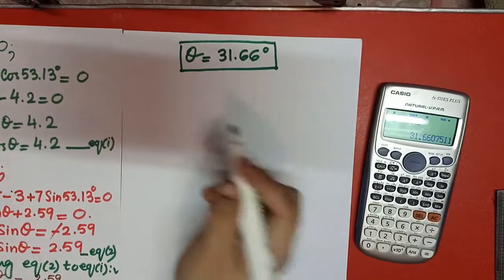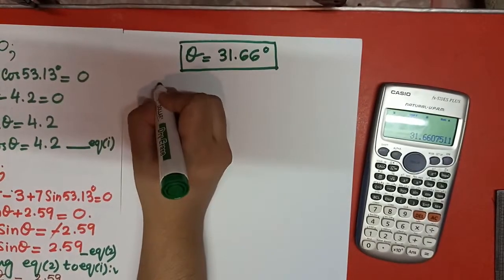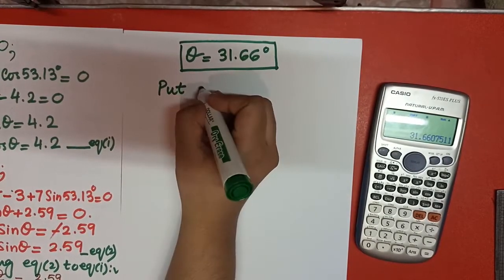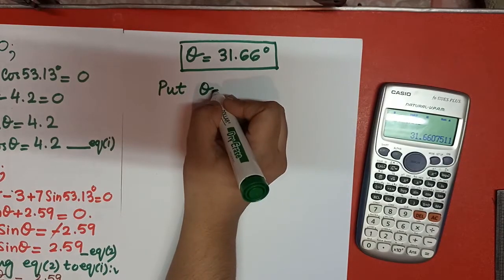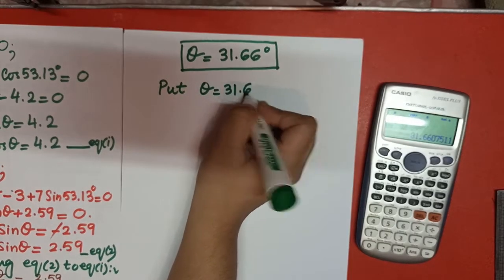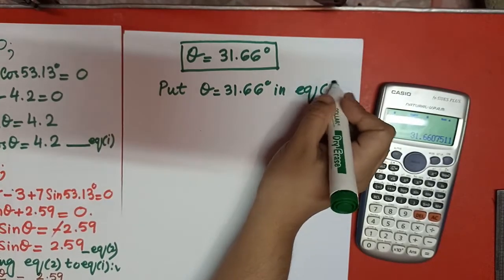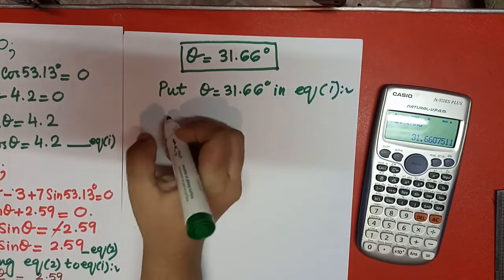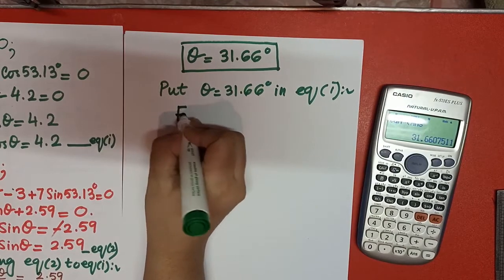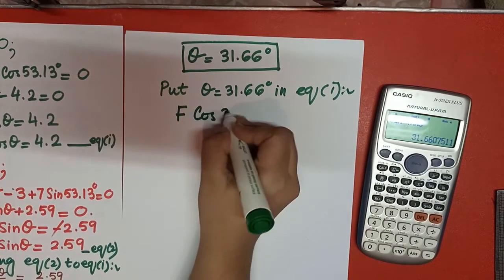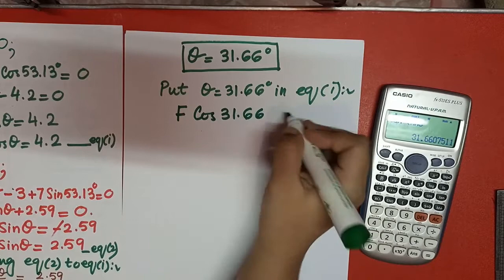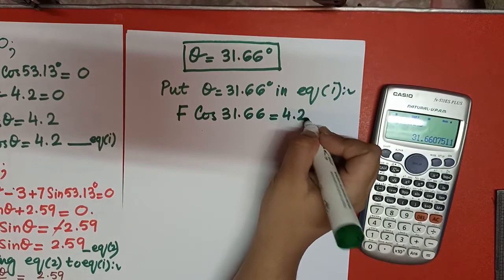Now I have to put this theta, 31.66 degrees, in any equation, in equation number 1 for example. It's up to you, whichever equation you want to take. So f cos 31.66 is equal to 4.2.